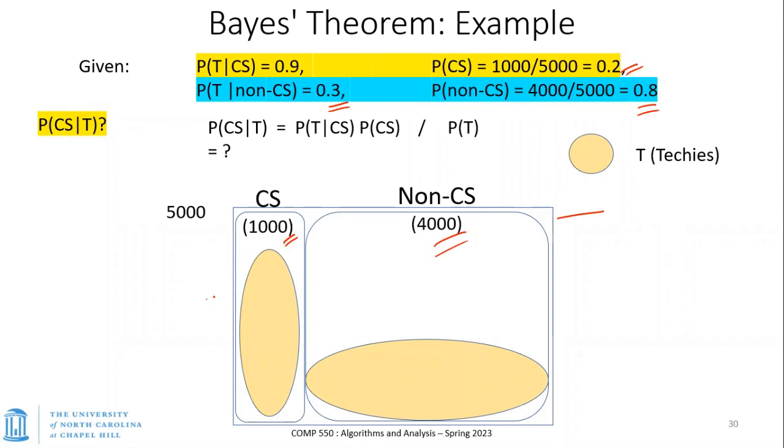We're saying that 90% of these are techies, and only 30% of these are techies. But what do you notice? Kyle's intuition was coming out right. Simply because this is such a larger group, even 1/3 of them being techies makes that number really large, and it's actually larger than this number.